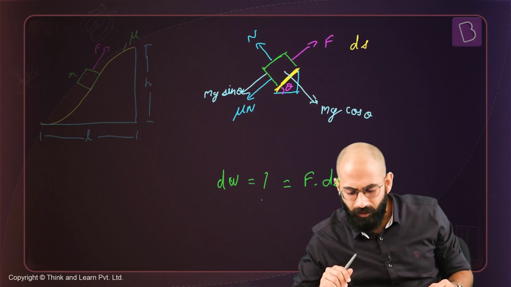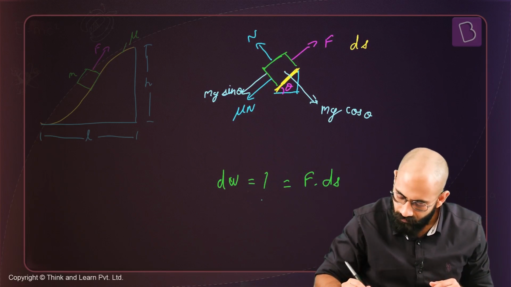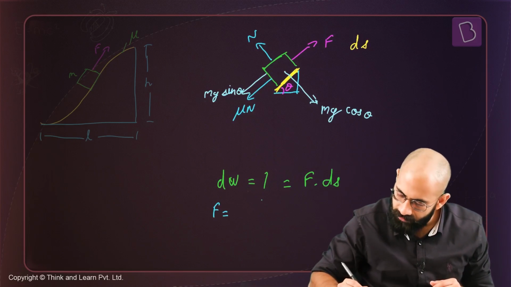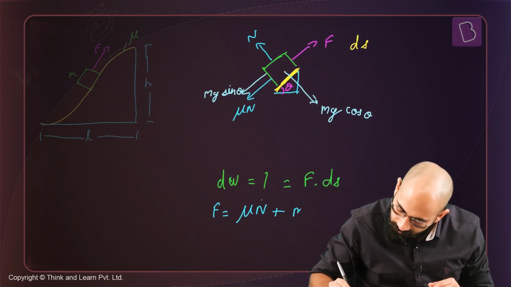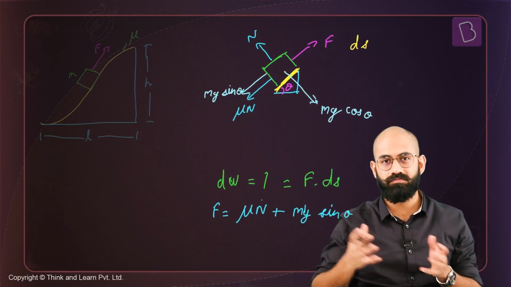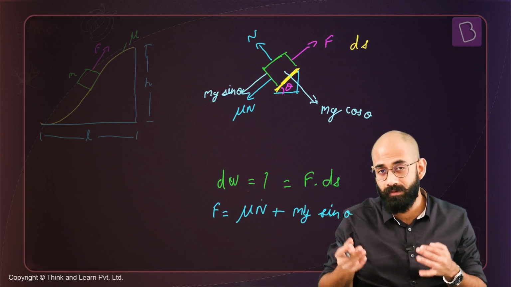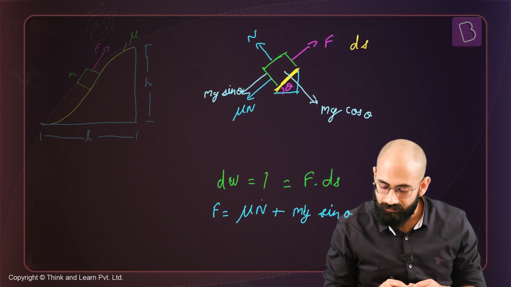So, from this free body diagram, we can see here that F is equal to mu N plus mg sin theta, right? Because the magnitude of the forces has to be equal because there is no net force, right? Okay, but that's not going to help us.